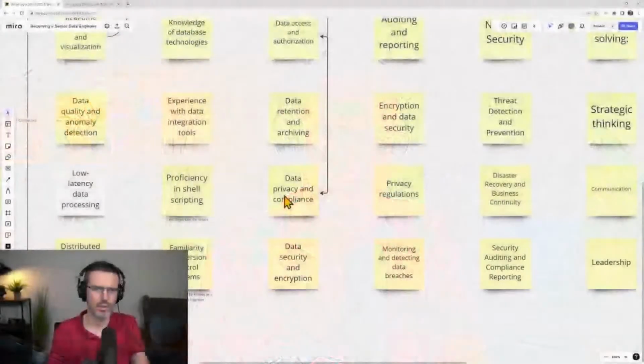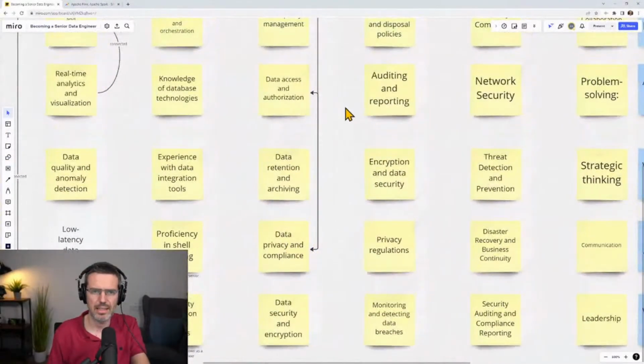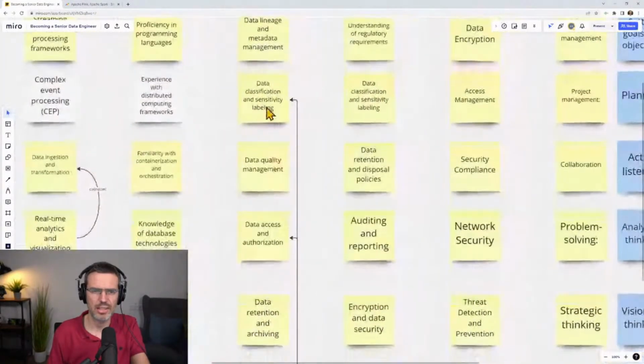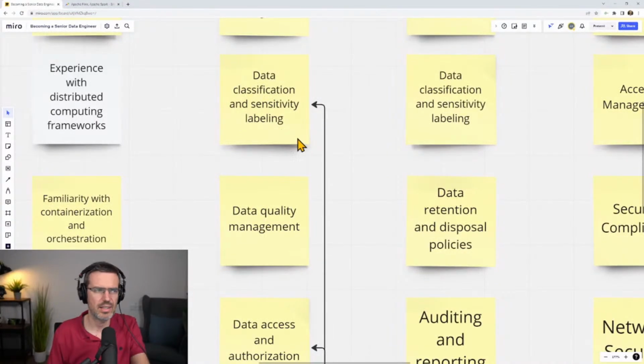All right. So data privacy, again, we were talking about privacy before here. Privacy is connected to data access and authorization. Data privacy and compliance is connected to data access, and authorization is also connected to data classification and sensitivity.